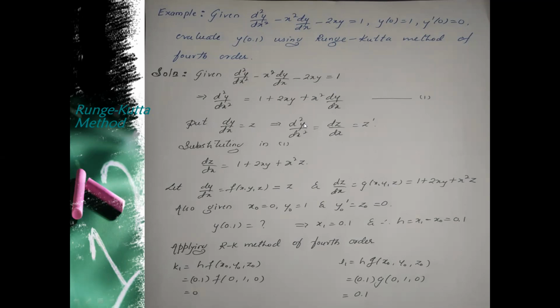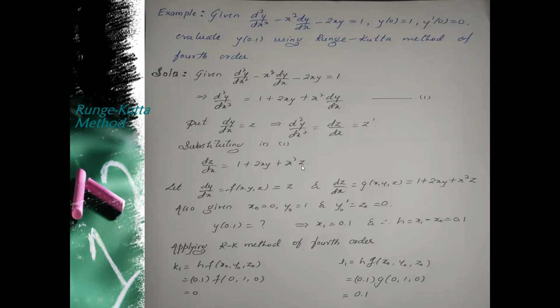Differentiating this, we get d2y by dx square equal to dz by dx, or you can even denote it by z dash. Now substitute this in equation 1, that is d2y by dx square is substituted as dz by dx. Then here for dy by dx we will substitute z. Hence dz by dx becomes 1 plus 2xy plus x square z.